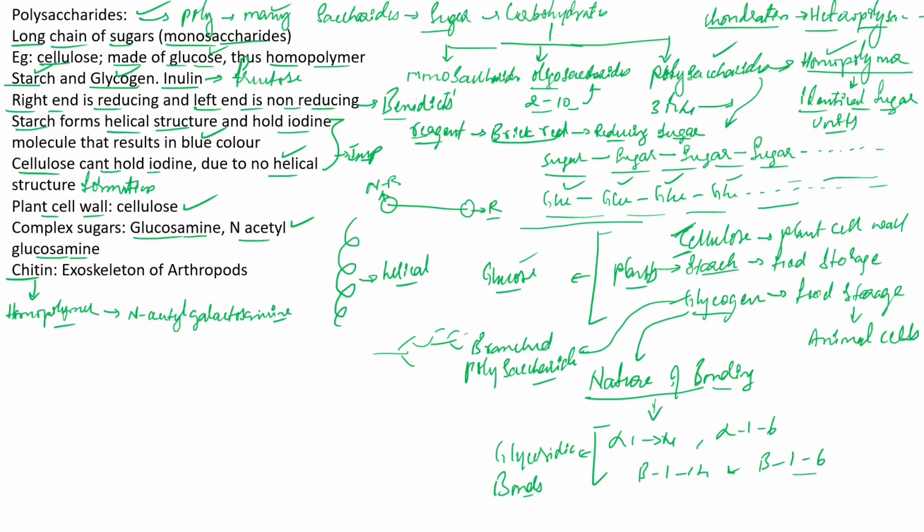It is a homopolymer of N-acetyl galactosamine. Chitin is mainly found in the exoskeleton of arthropods. At the same time, chitin is also found in the cell wall of fungi. So these are some of the important points about polysaccharides that you have to remember.